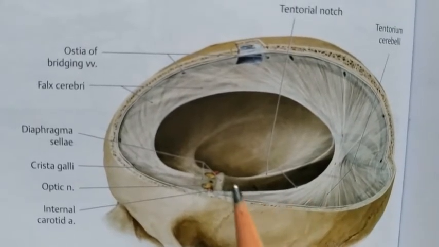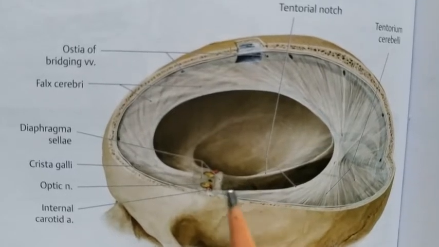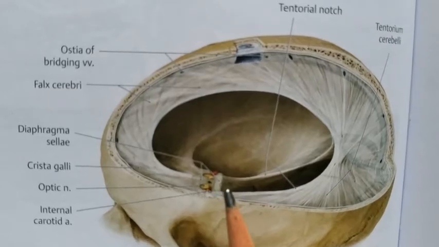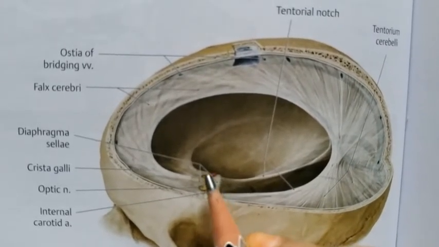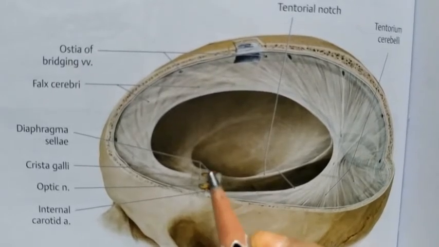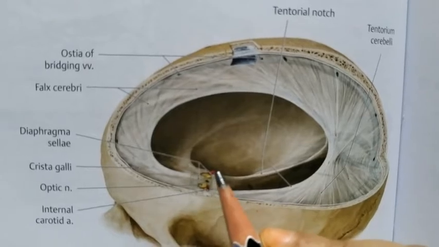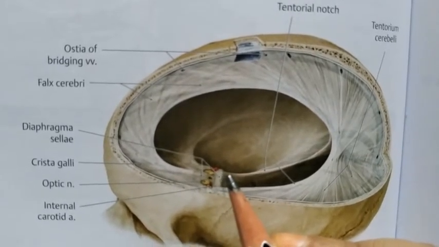The anterior end of the tentorial notch extends anteriorly up to the anterior clinoid process. Anterior to the crossing there is the oculomotor trigone, which is pierced by the oculomotor and the trochlear nerves.